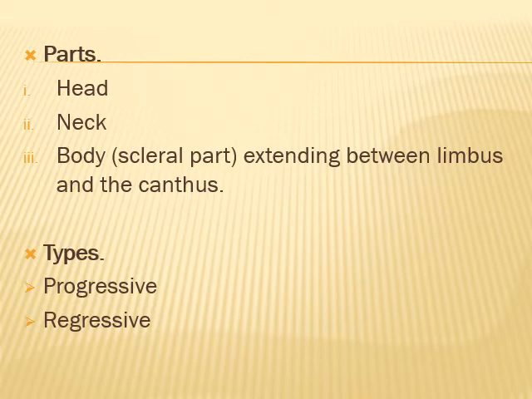What are the parts of pterygium? Parts of the pterygium are head, neck, and body, that is a scleral part which extends between the limbus and the canthus. I'll show it in the diagram in the next slide. What are the types of pterygium? Pterygium can be regressive or progressive.